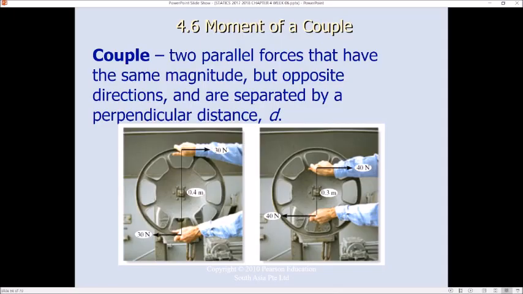Now we move to the next topic, which is moment of a couple. A couple can be defined as two parallel forces that have the same magnitude but opposite direction and are separated by a perpendicular distance d.